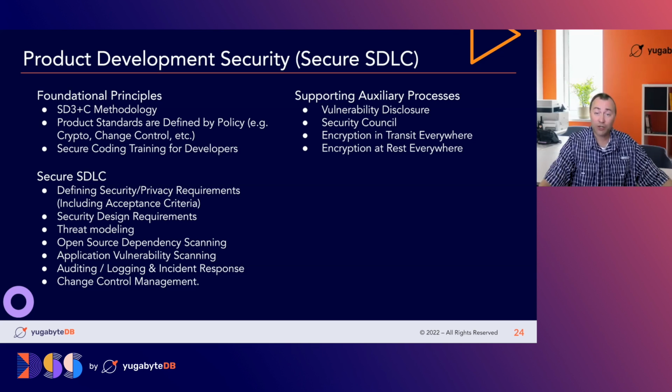As part of our security program, Yugabyte maintains various security policies and procedures which define the standards in which we develop our products, such as our cryptographic security policy, which defines the acceptable uses of cryptography in our products, as well as change management policies and procedures to ensure a stage gate process to ensuring all of our security and quality assurance requirements are met prior to the release of any of our products.